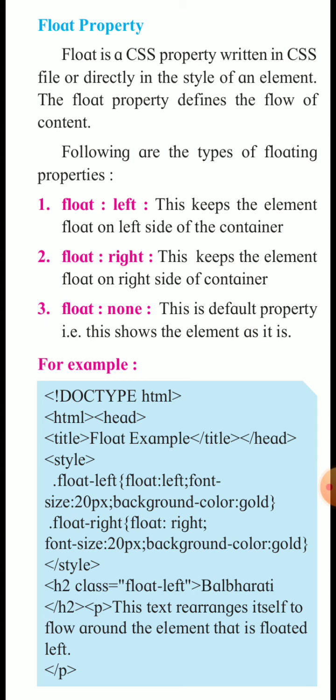Then float: right keeps the element floating on the right side of the container. If you use right, then the element will appear at the right. And none is the default value of the float property. So it aligns the elements as they are.